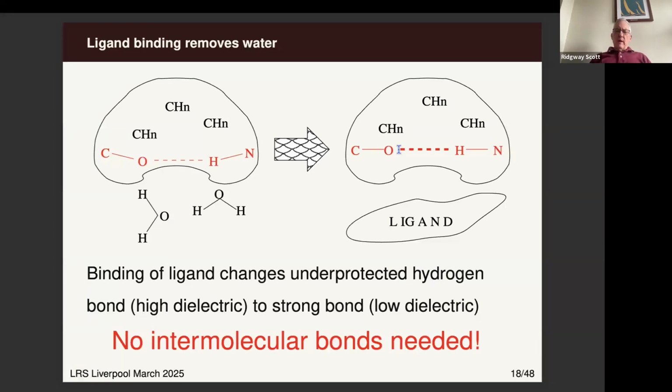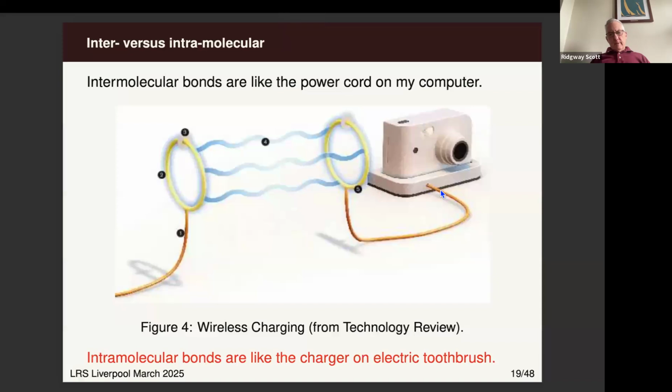Well, what happens is that hydrogen bond is gaining energy, becoming stronger, and that corresponds to a force that effectively pulls that ligand in there. So that's the idea of dehydrons supporting binding. And notice there are no intermolecular bonds here. This is just an indirect effect, which I'll try to explain a little bit here.